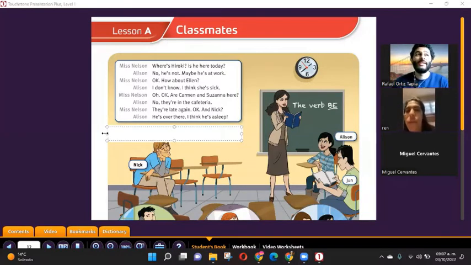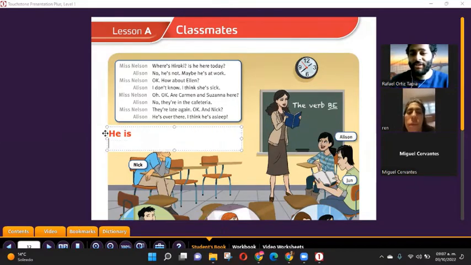Contractions is when the auxiliary verbs are, I don't know how to say it, se pegan. For example, you can say he is, right? He is, but the contraction of that form would be he's. That's what I mean when I say contraction. Ah, como abreviado. Exactly. Perfect. La contracción o la abreviatura.